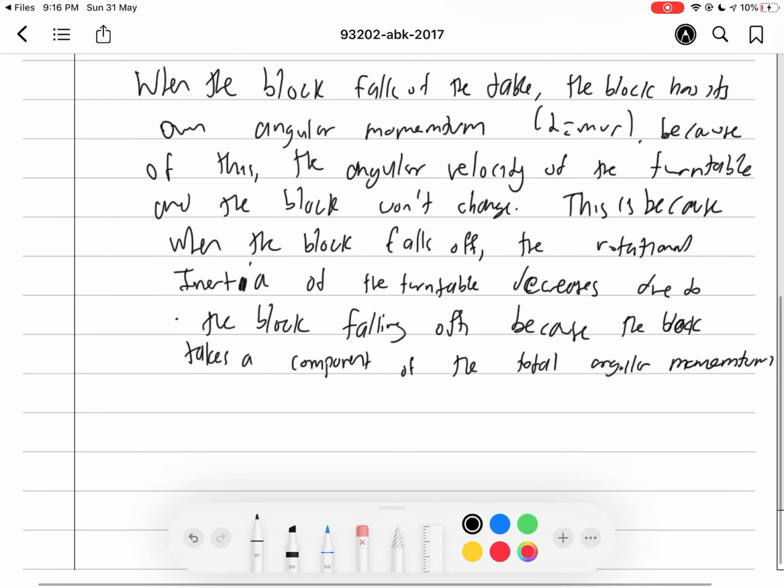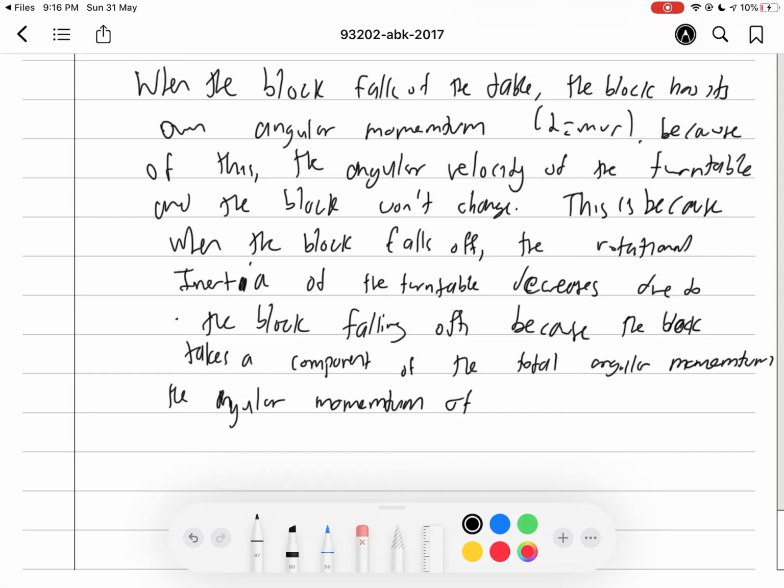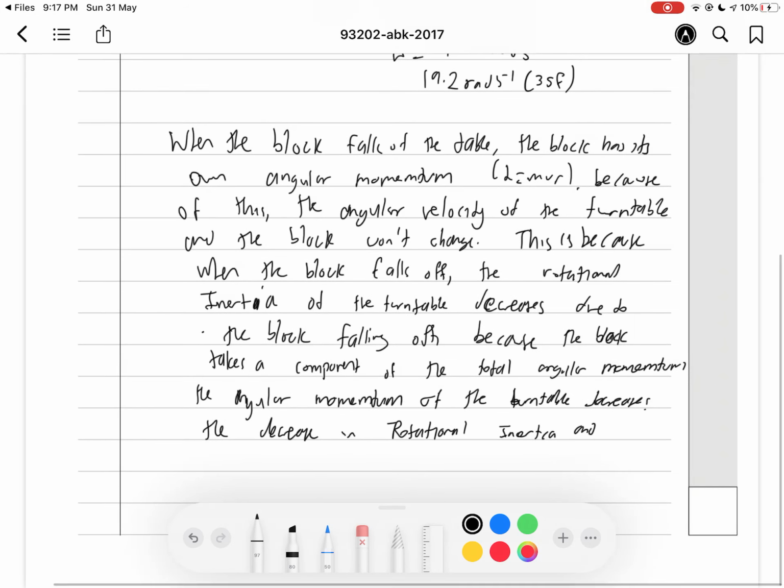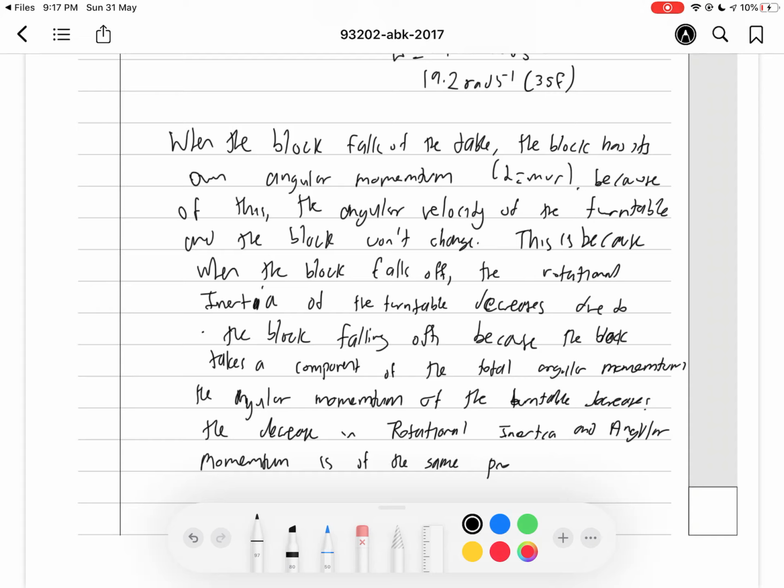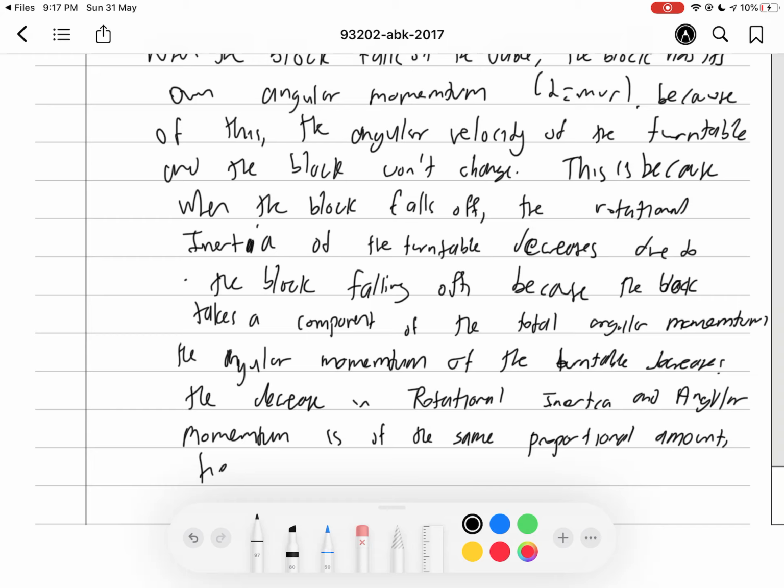Because the block takes the component of the total angular momentum. Hence, angular velocity doesn't change.